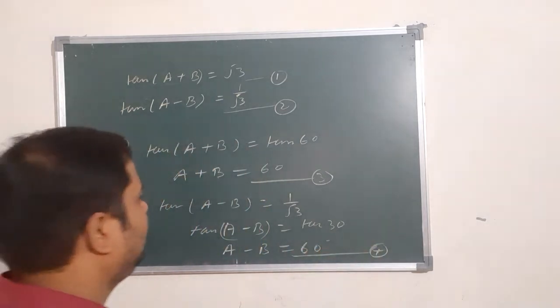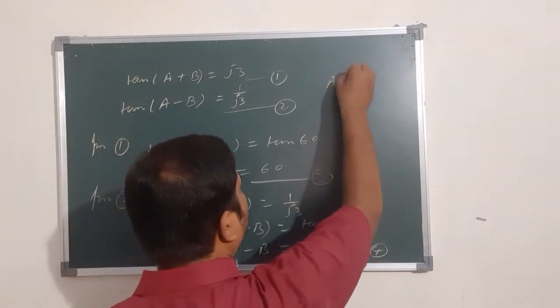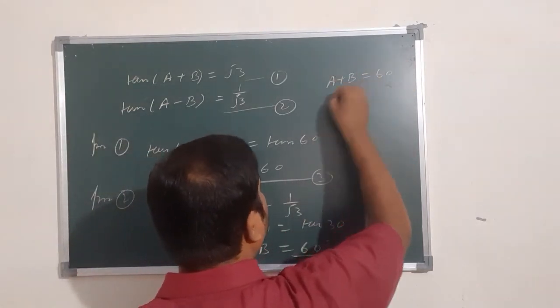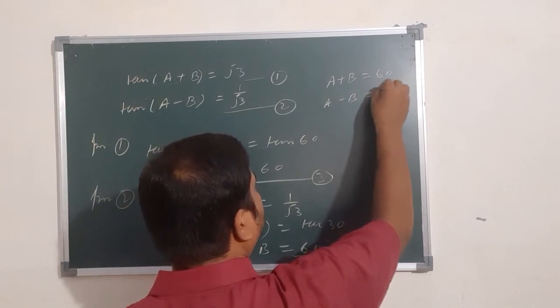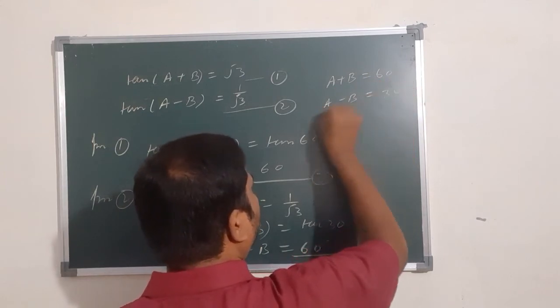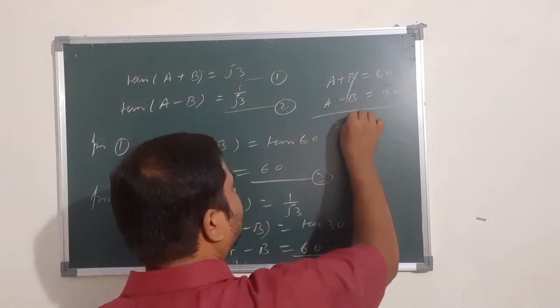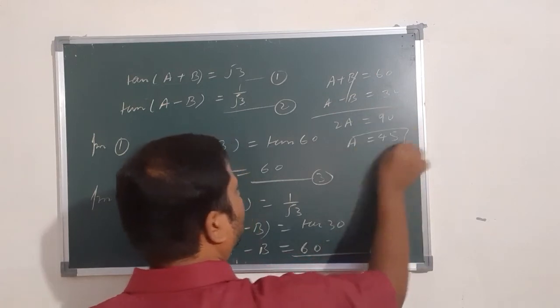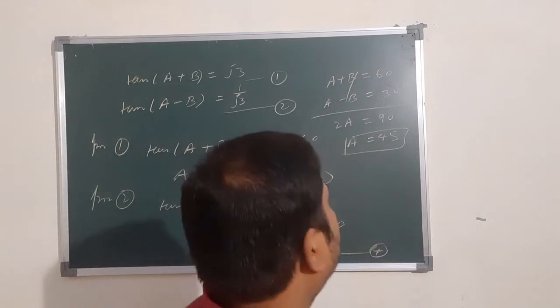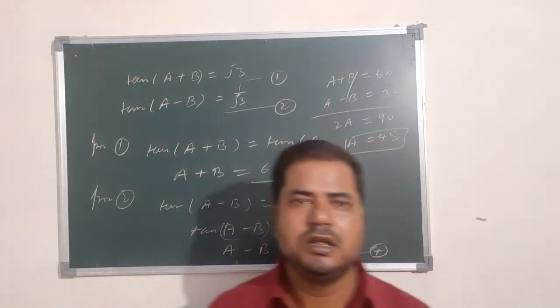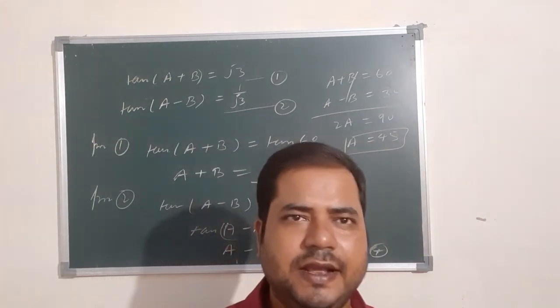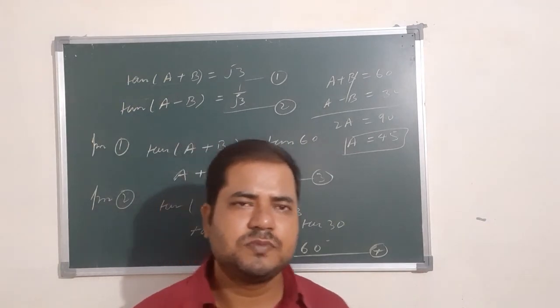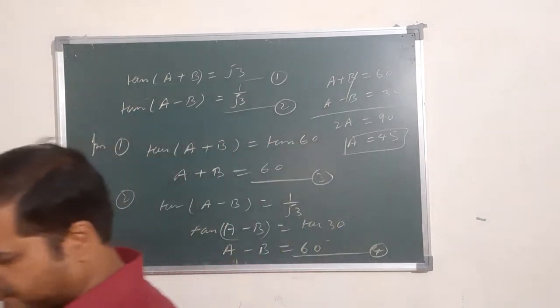After solving 3 and 4, we get A plus B is 60 degrees and A minus B is 30 degrees. Then 2A is equal to 90, so A must be 45. Put the value of A in one of the equations, A plus B is equal to 60, so B will be 15 degrees. In this manner we have to find this particular value.